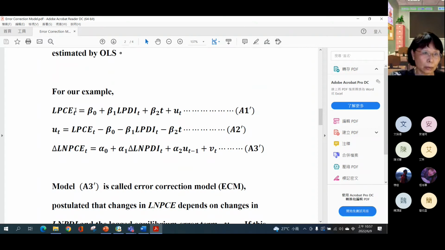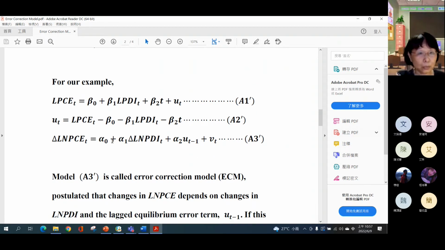This one is our co-integration regression, right? And this is the error correction model. Actually, we all have the constant terms. As far as I know, we do have constant terms. Okay, I got it. All right.